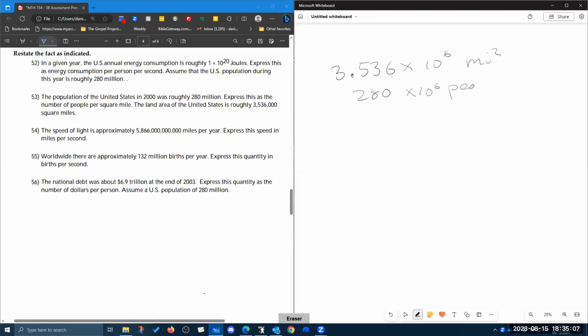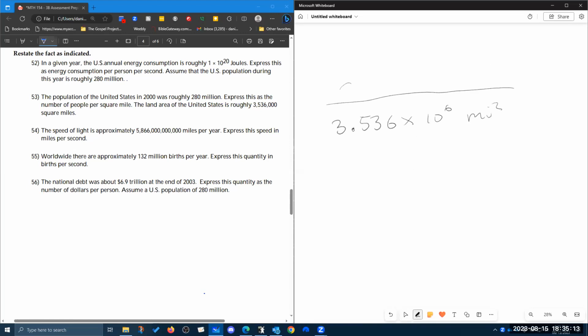Other way around, because I want people per square mile for population density.